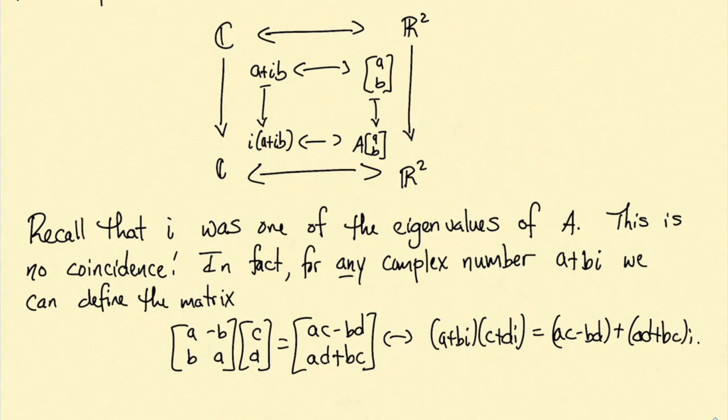So in the next video, we'll see that if our matrix A has a plus bi and a minus bi as eigenvalues, then A will be similar to a matrix of this form.